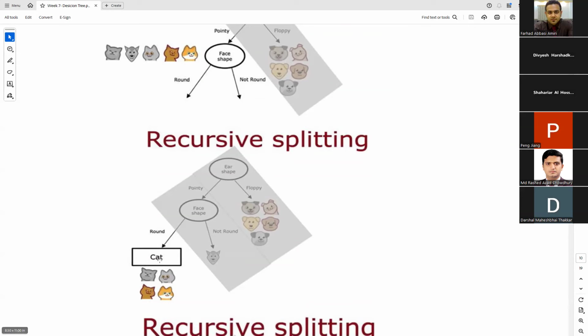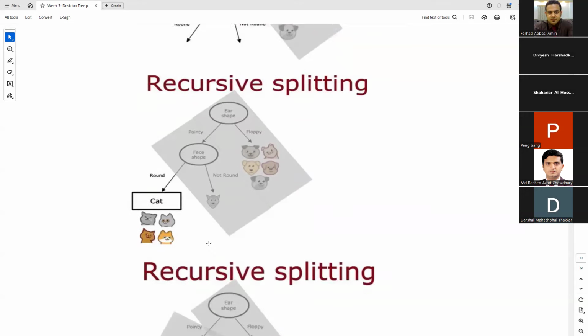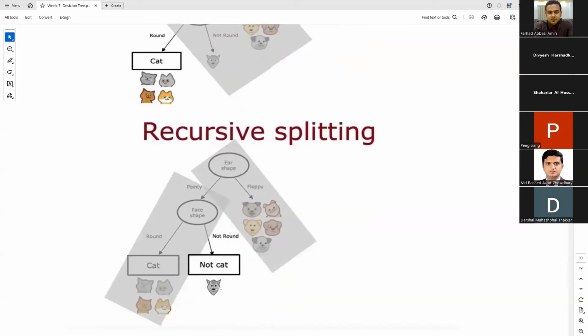The decision tree decides this class to be cat because all of them are cat. And this one is just one animal and it is a dog, so for sure you can say that it is not cat. You can make a decision.